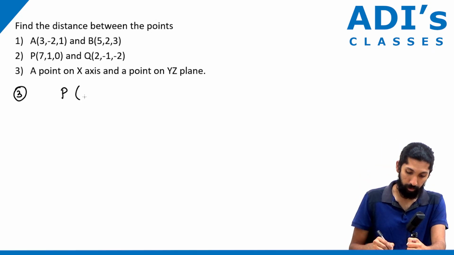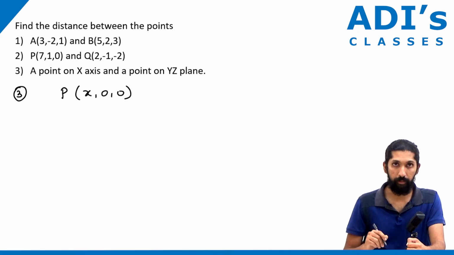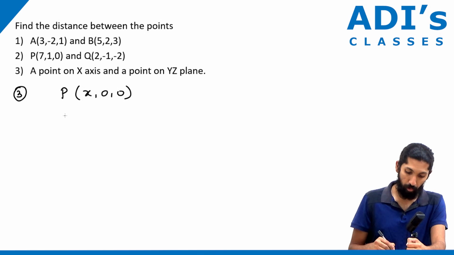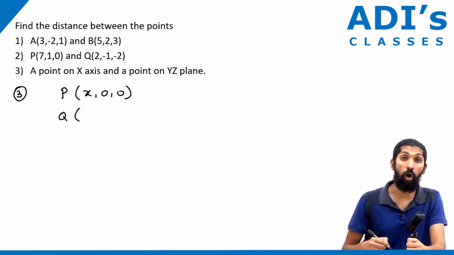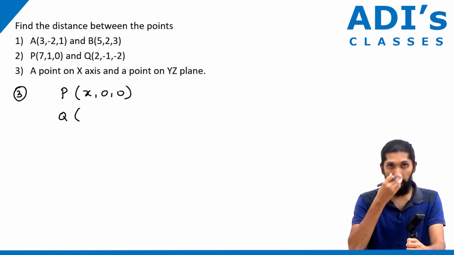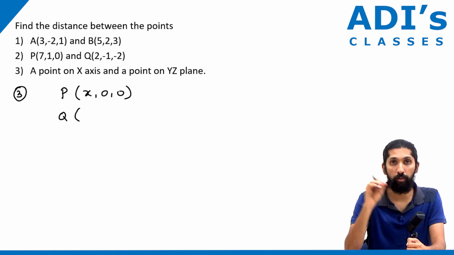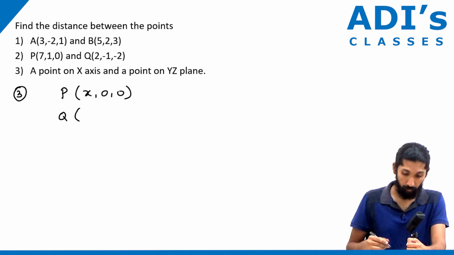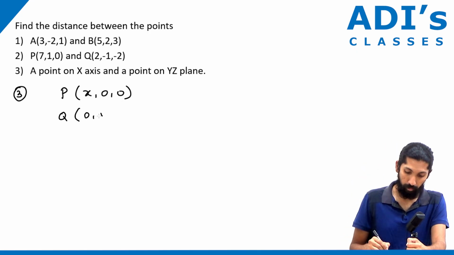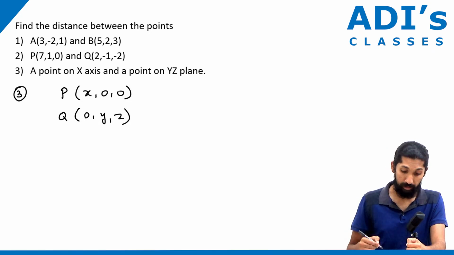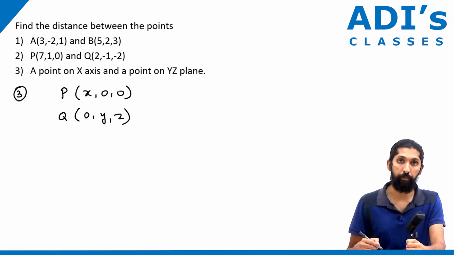The coordinates are going to become x, 0, 0, correct? And some point Q, which is on the YZ plane. See, any point on the YZ plane, the x coordinate is going to become 0, correct? So 0, y, z.